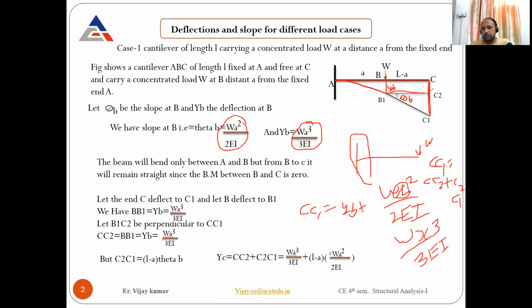If you see this image, this is a triangle, and this angle is 90 degrees.